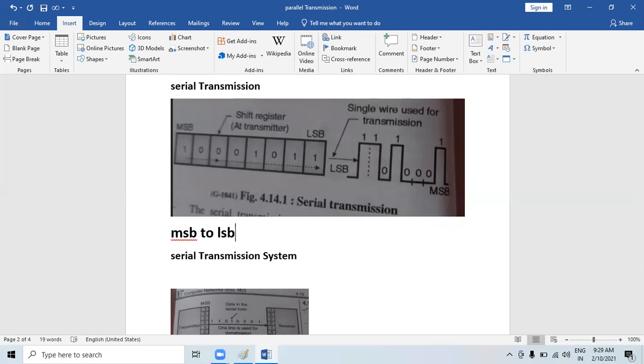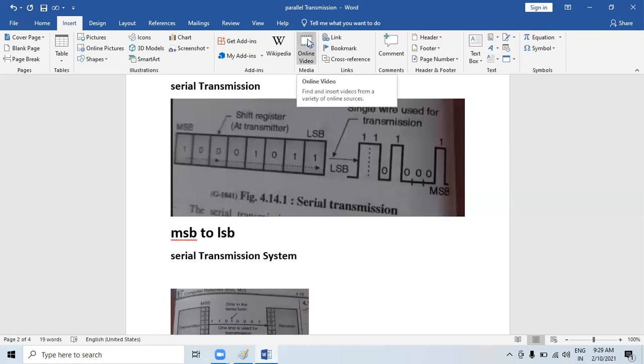Bits are shifted to the right, which you can see in this figure, one position per clock cycle. The bit which falls out of the shift register is transmitted. Hence, LSB is transmitted first, and MSB is the last bit getting transmitted.